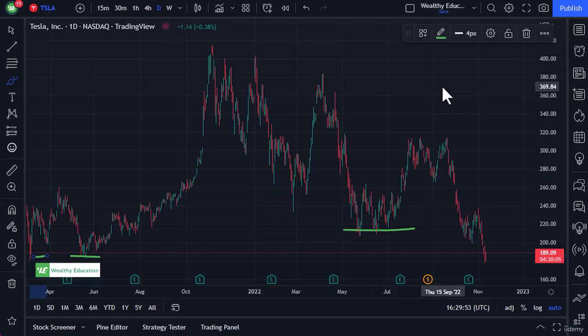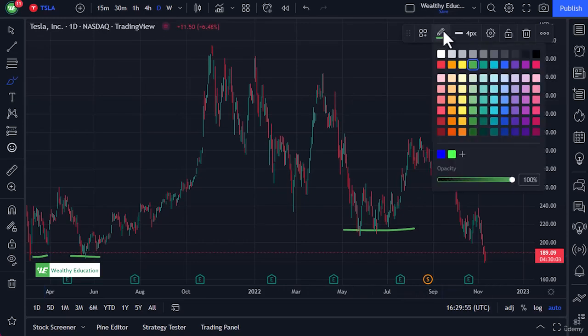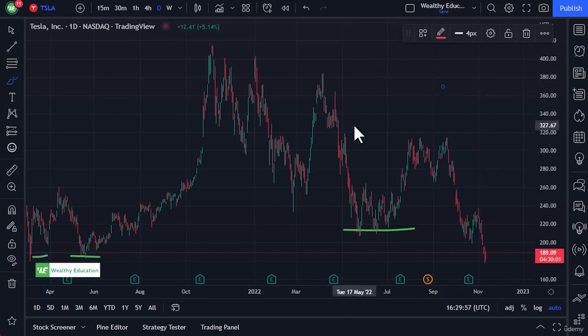Let's take a look here at the idea of resistance. Now, resistance is where the market is resisting price going over. You can see that we tried to get up here and we ended up failing twice. That is the market resisting breaking above there. There is a slight difference between a swing high and resistance.